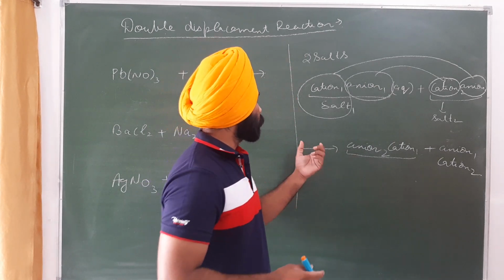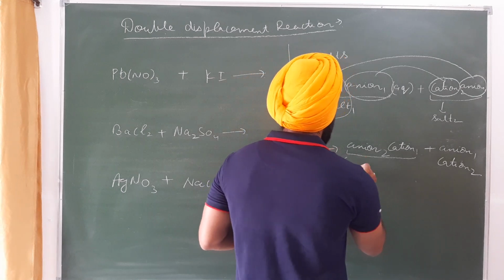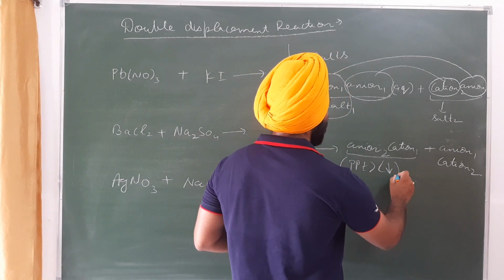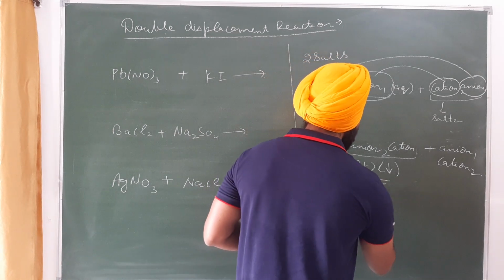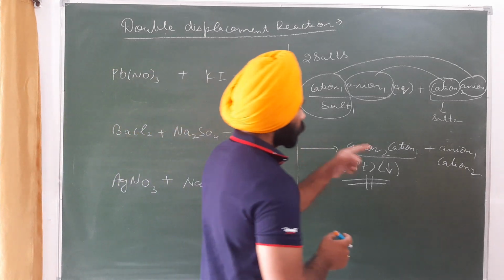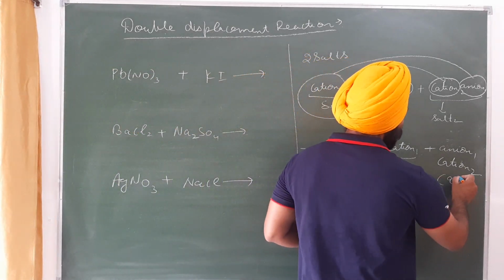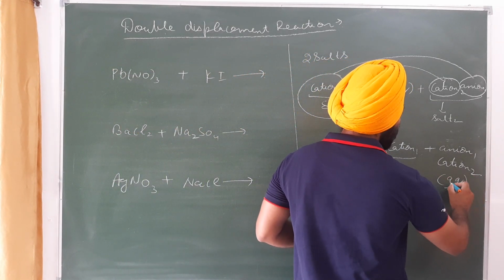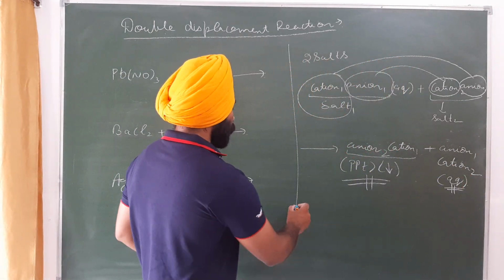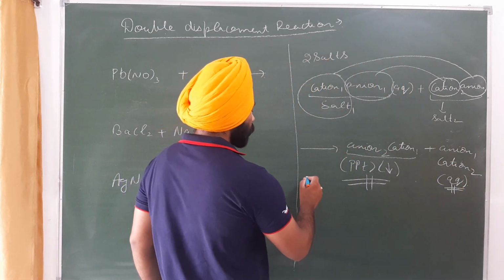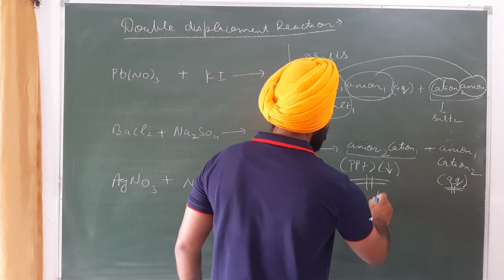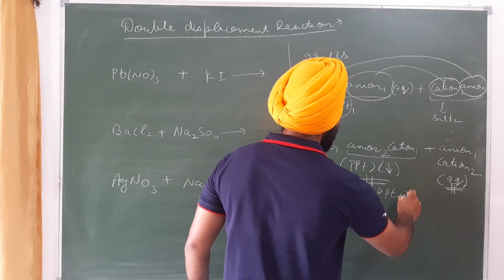So students, in this, these can be PPTs, known as precipitates, which can settle down. This can be an aqueous solution, a solution dissolved in water. It means a double displacement reaction can give PPTs, precipitates.